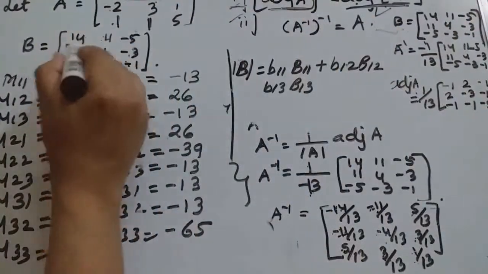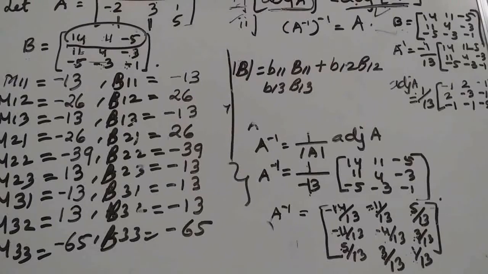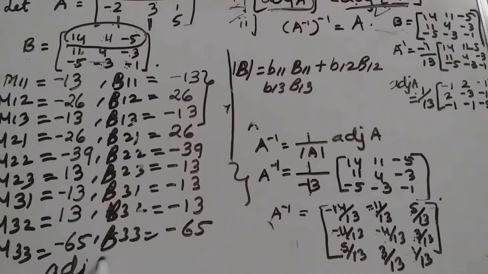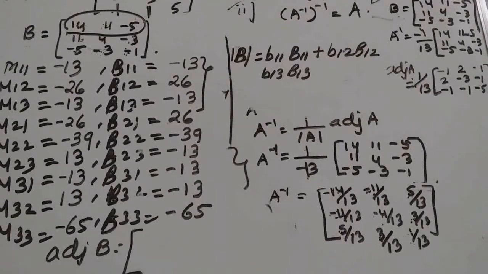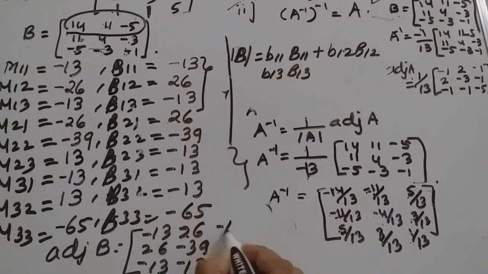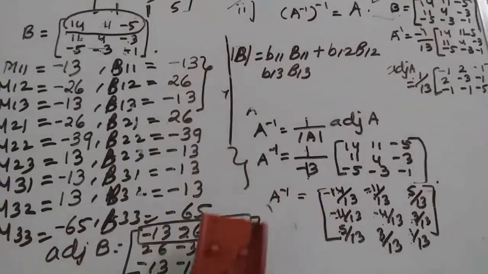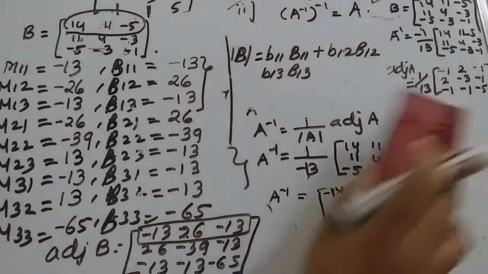So this will be all small b11, b12, b13, and adjoint of B, I didn't write, adjoint of B matrix will be minus 13, 26, minus 13, then 26, minus 39, minus 13, then minus 13, minus 13, minus 65. Okay. So this will make all capital B11, B12, B13. This I wrote here.